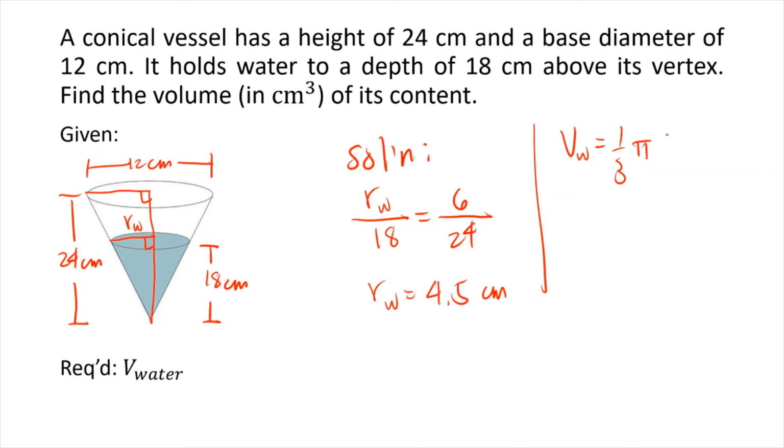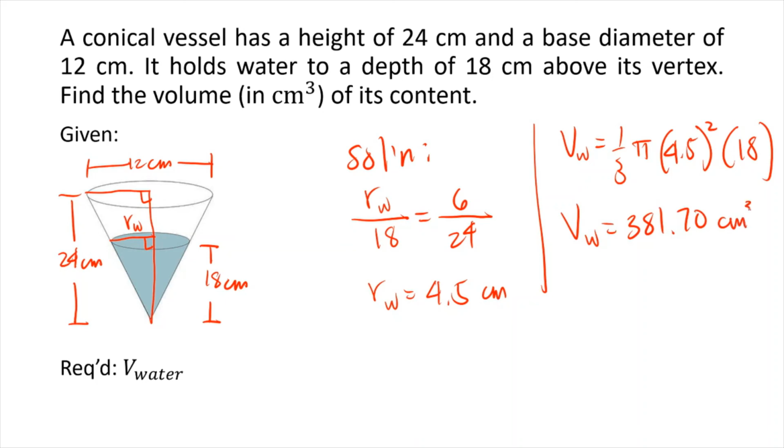Radius of the water is 4.5, so 4.5 squared times height, in this case height of the water, which is 18. So solving for the volume of the water, we get 381.7 cubic centimeters.